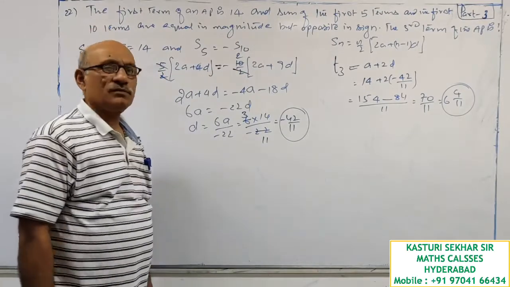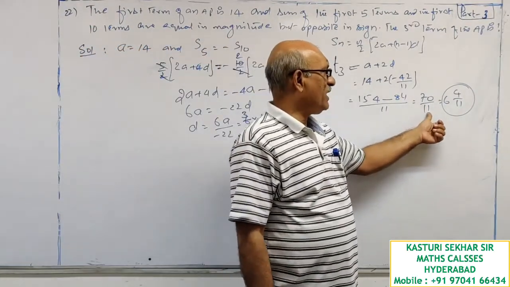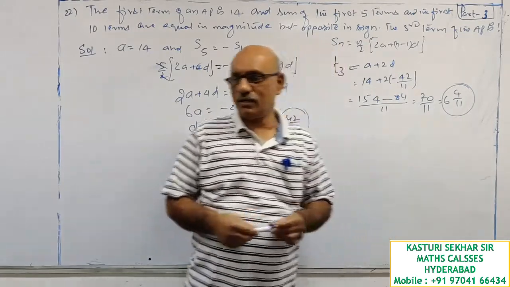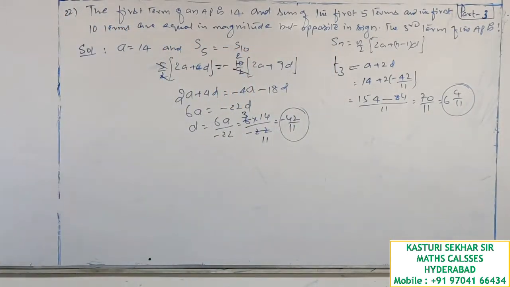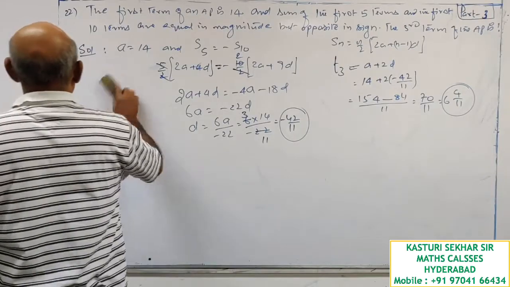Depending upon the options, you can leave it as 70 by 11 or 64 by 11. Next question.